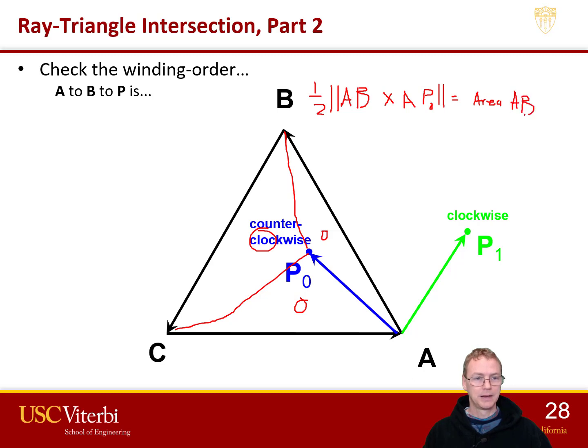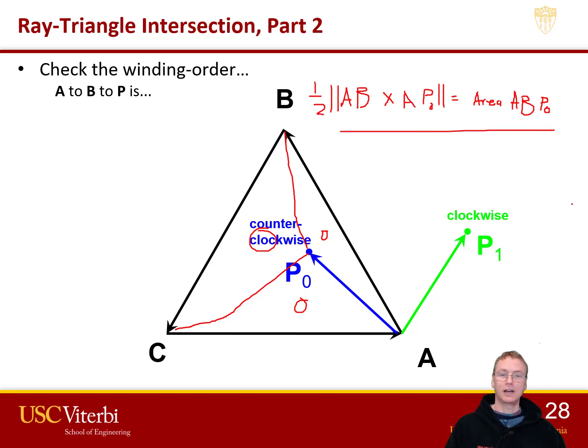That happens to be the area of a triangle right there. And so if you do that, you could do cross product, cross product, cross product, add them together. Comes out to a very similar equation to what we had with the winding order approach.